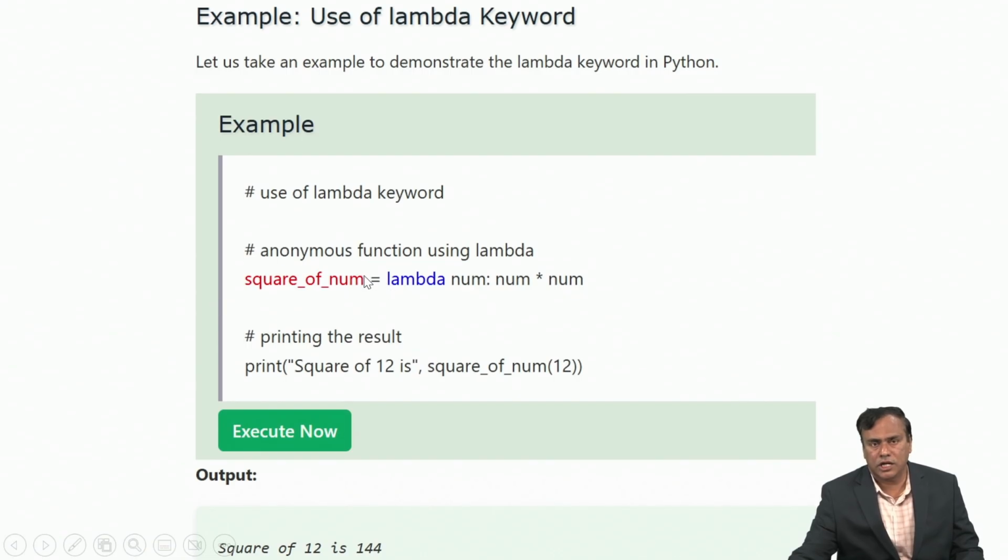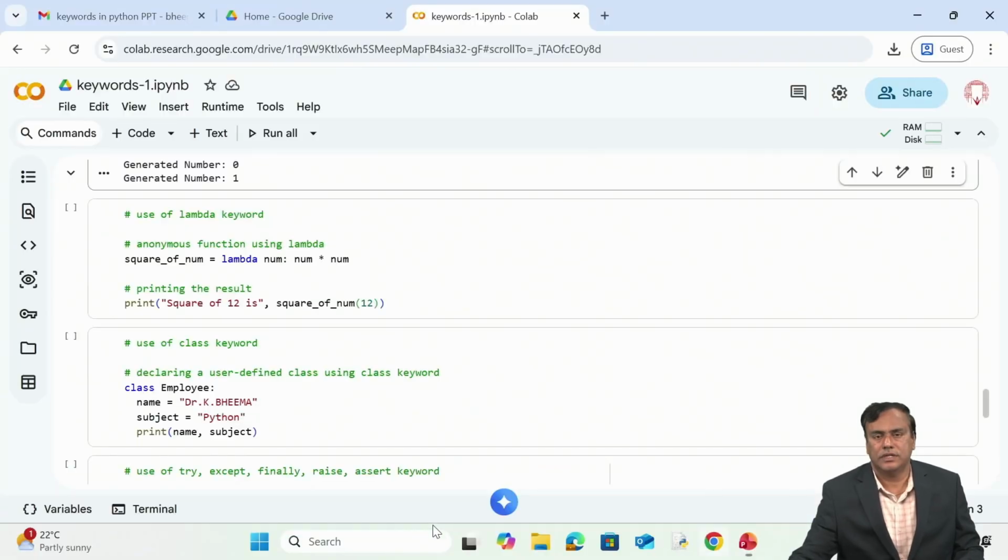This is an anonymous function created using this lambda. You are passing the value 12, so the value of num becomes 12. 12 into 12 is 144, and that 144 is going to get printed using this print statement. So here you can say square of 12 is 144.